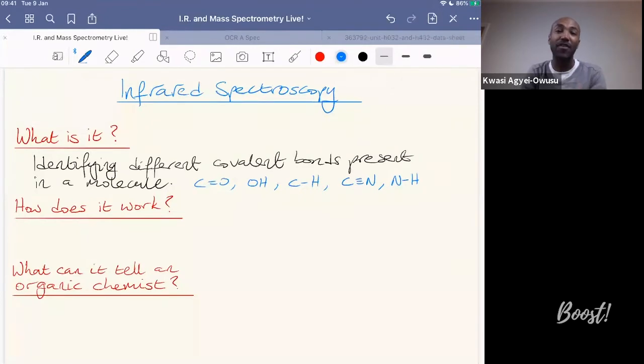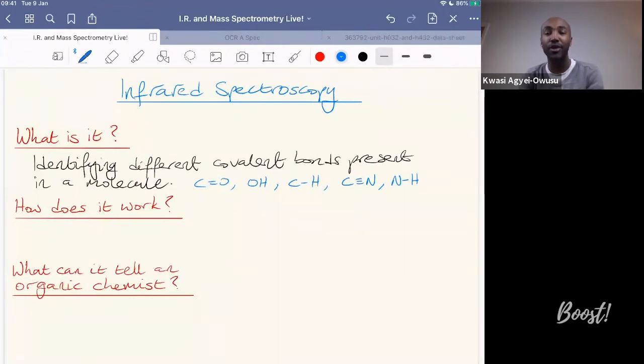Now, if a covalent bond absorbs infrared radiation at its resonant frequency, it can be caused to vibrate even more, and we can detect the wavelength of infrared radiation that is being absorbed. In other words, the resonant frequency in a spectrum.